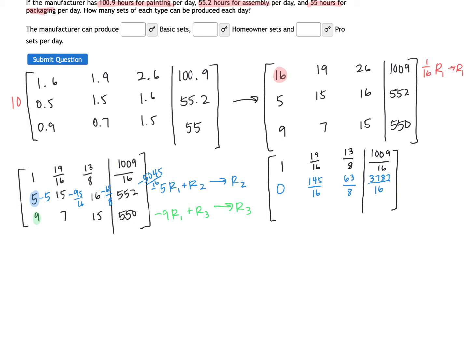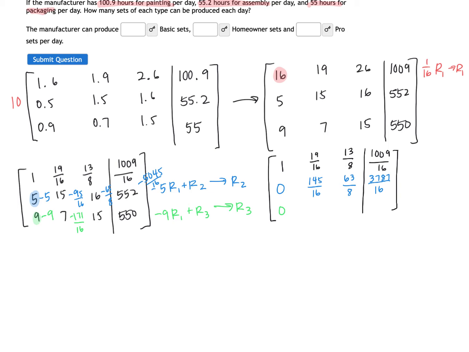And now in the same step, I'm going to go ahead and transform row 3 as well. So we're going to multiply row 1 by -9. So 1 times -9, you do this in green, is -9. 9 minus 9 is 0. 19 times -9 is -171 over 16.